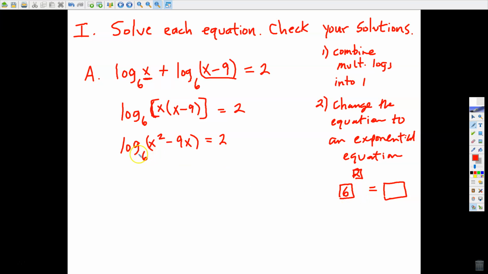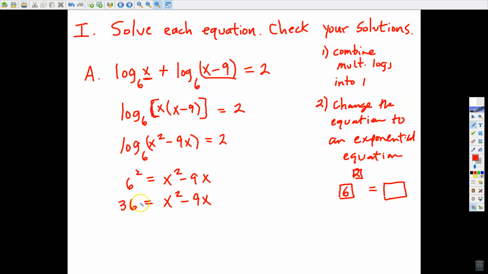So right away you can see in exponential form how the base is raised to whatever the log equals, and the other side of the equation is the only other missing piece, x squared minus 9x. I'm going to write this in exponential form. Of course, 6 squared is 36.